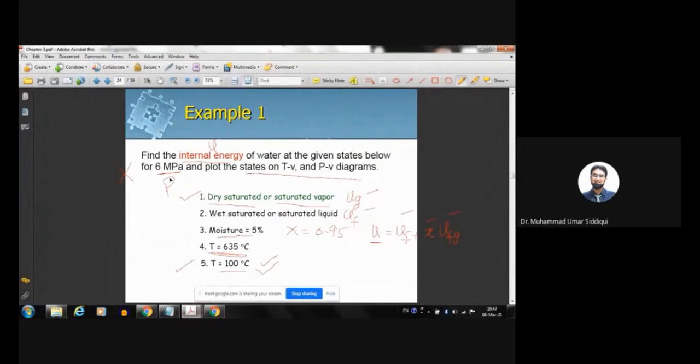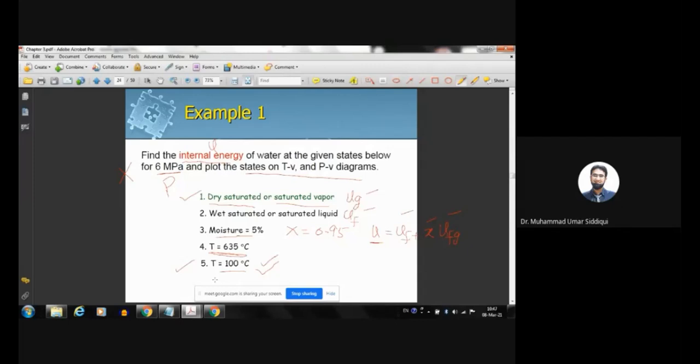For example, in this case, you have 6 megapascal, 100 degrees centigrade. When we go into the saturation table, it's very clear that our property is not in the saturation state, it is in the compressed liquid.